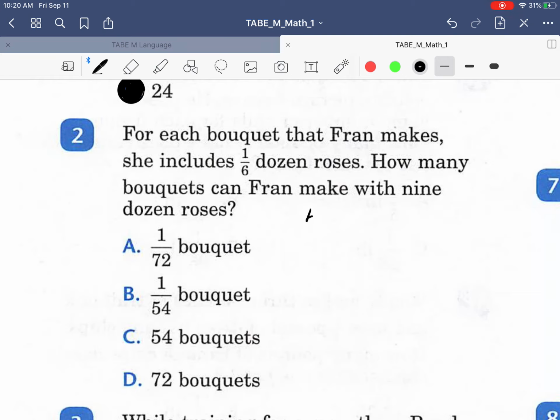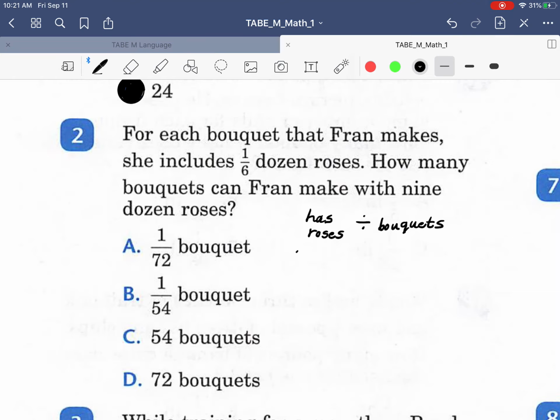So Fran has some roses, and she's going to divide those up into bouquets. And I didn't spell that right. B-O-U. Sorry guys. It's early in the morning and I can tell it. B-O-U-Q-U-E-T-S. Bouquets. So this is the bare bones of what's happening here. She has some roses. She divides them up into bouquets.